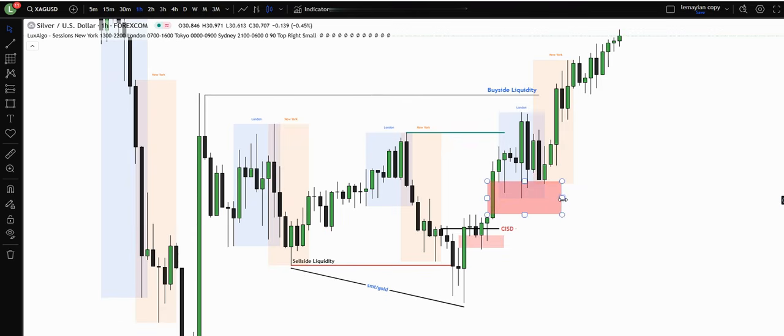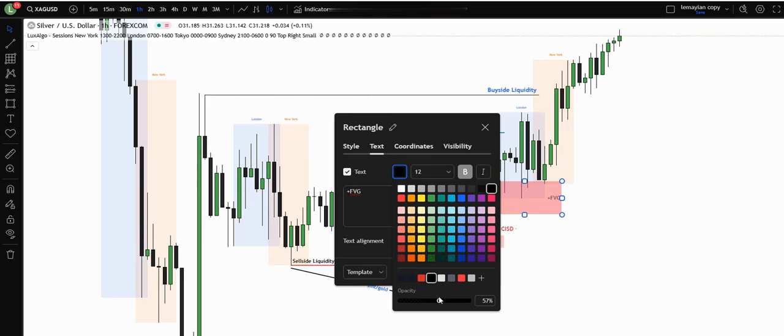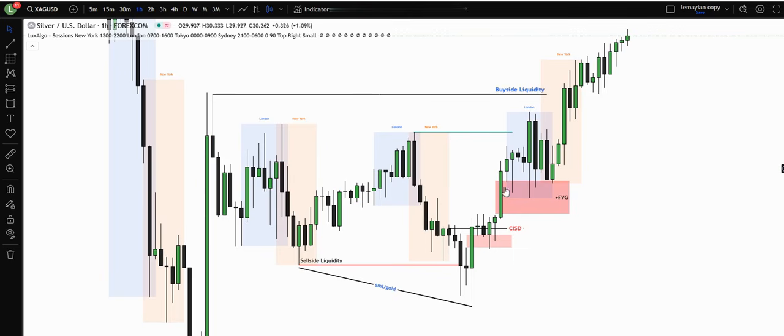Now we have a new FVG here, bullish. Make this visible like that. Yeah, see that? Now what time is this? This is London open. So now I'm okay to take, after creating this FVG, and return to that. That can be my entry.